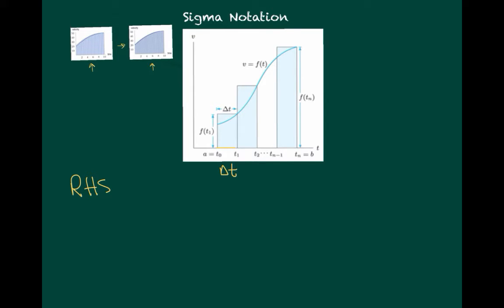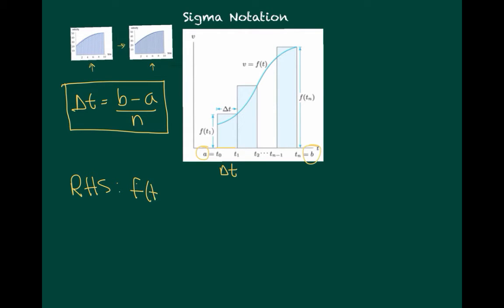Now, an important calculation is that delta t equals the upper limit, which we call b, minus the lower limit, we call a, divided by the number of rectangles, which is n. Make sure you have that calculation in your notes. It comes up frequently. So the right-hand sum is equal to the area of the first rectangle, which is the base, times the height.